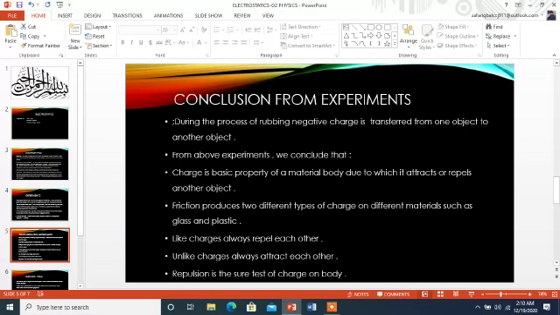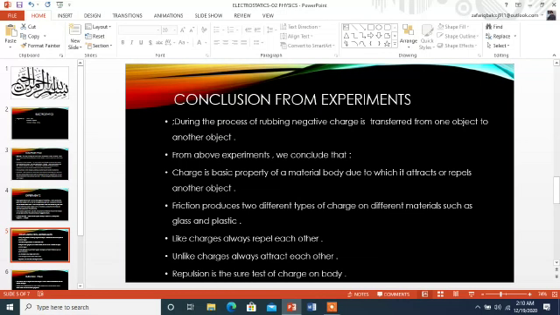During the process of rubbing, negative charge is transferred from one object to another object. I have told you this rubbing process makes a neutral body a charged body.